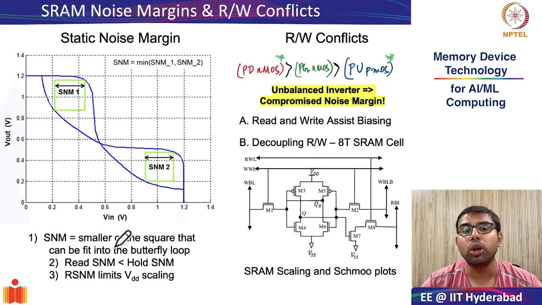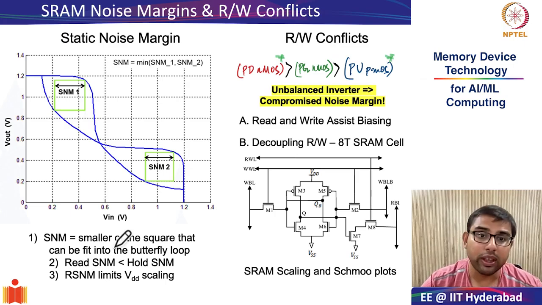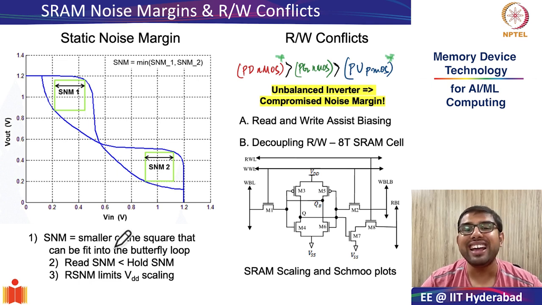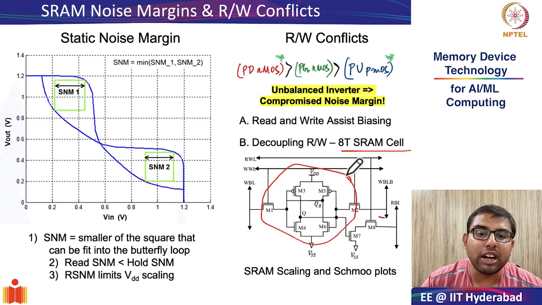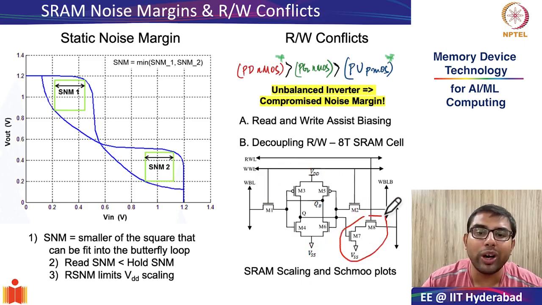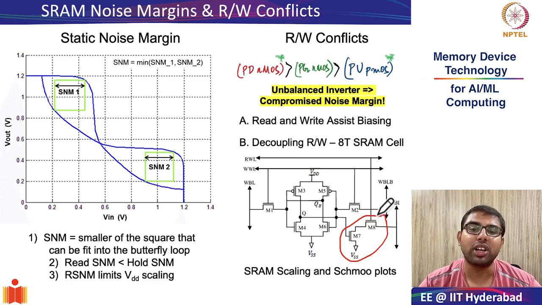The solution was to first look at read and write assist biasing schemes, but more interestingly, look at completely decoupling the read and write operations through your 8T-SRAM cell. So remember, in the 8T-SRAM cell, the write was happening in your conventional manner, but your read was happening through these two extra transistors M7 and M8.